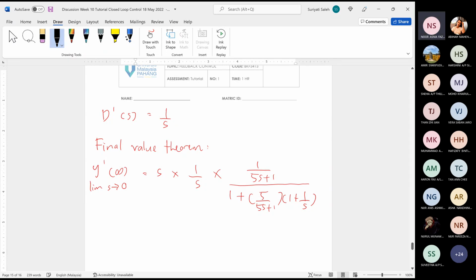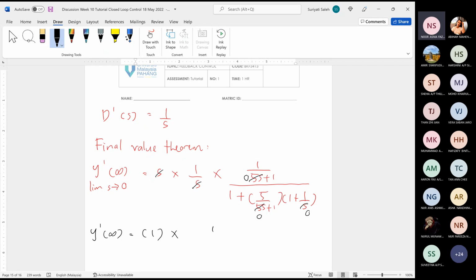Again, we try to eliminate the s: multiply by s, you get 1. The 5s here becomes 0, the s becomes 0. Based on value substitution, it becomes 1 multiplied by 1 over 5s plus 1.